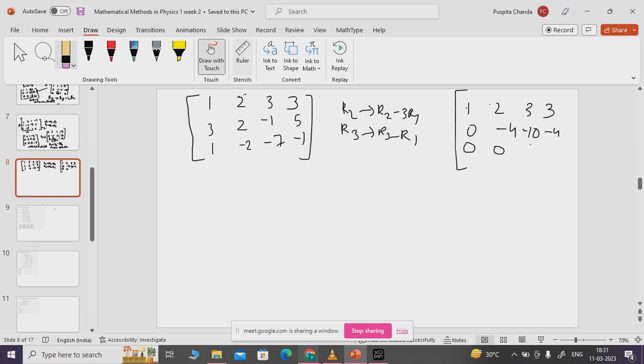Minus 2 plus 2 is not 0. Okay, it's plus 4. 10, it's plus 4.